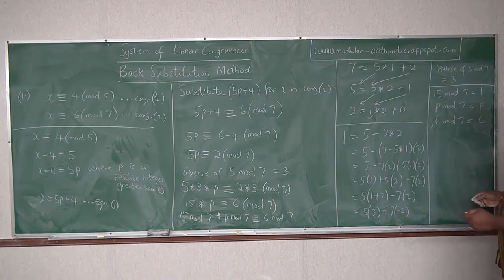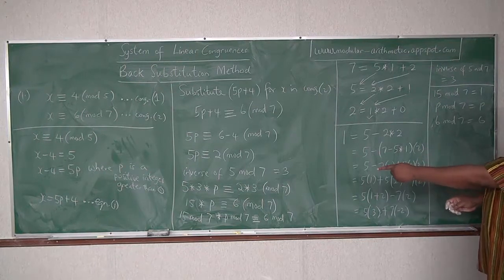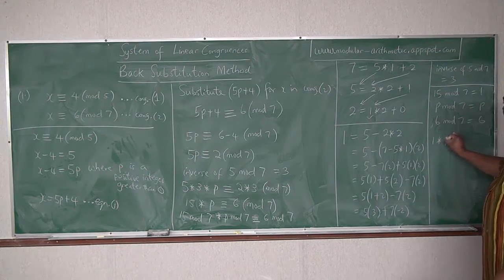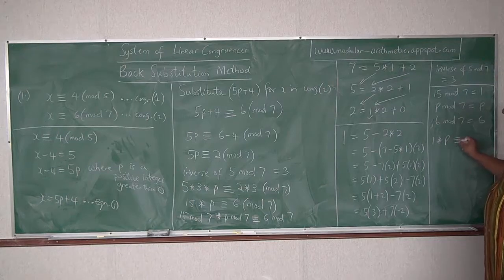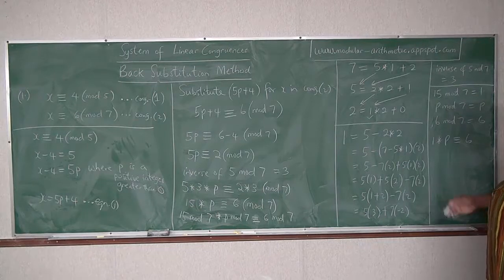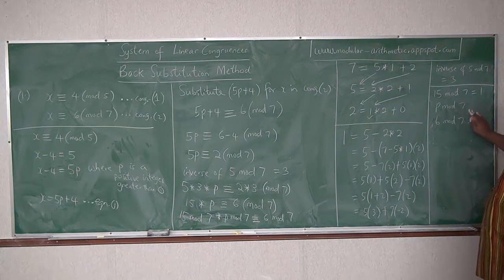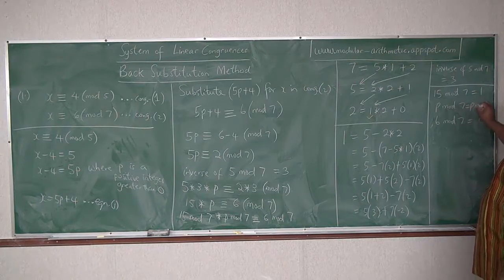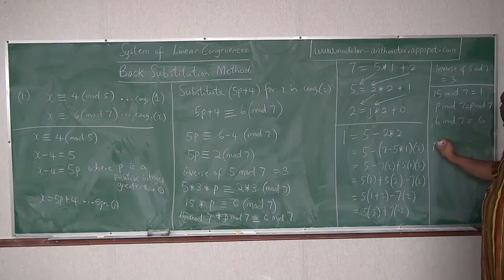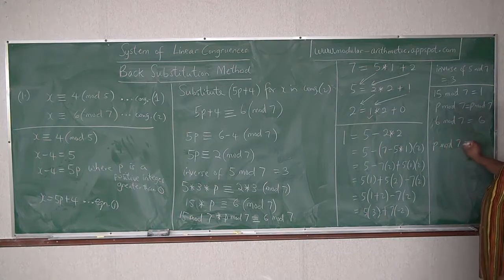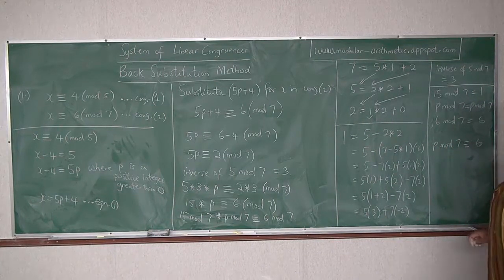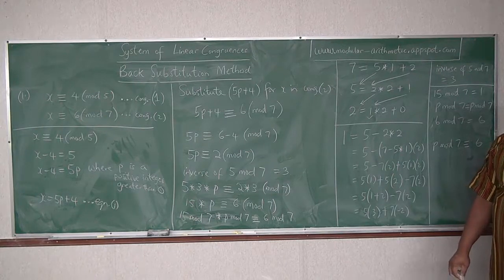So we now have that 1 times p is congruent to 6. Because p mod 7 is congruent to 6, we can just say p mod 7 is p, because we don't know what p is.